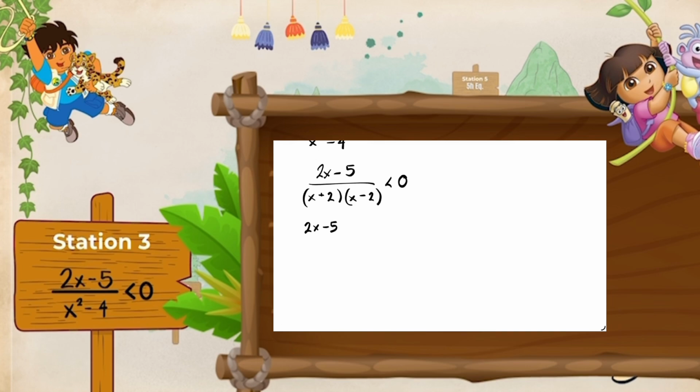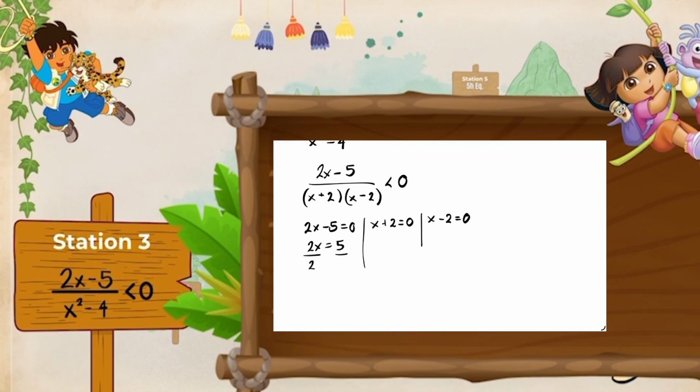2x - 5 = 0. x + 2 = 0. x - 2 = 0. So 2x = 5.